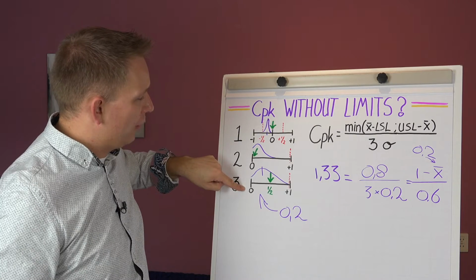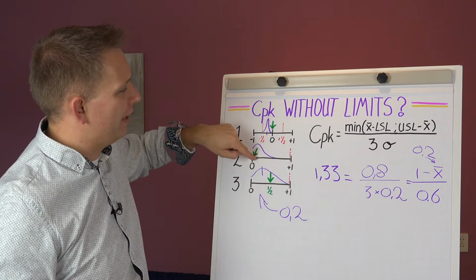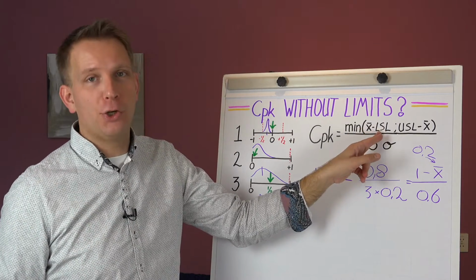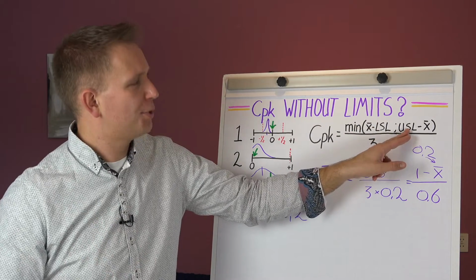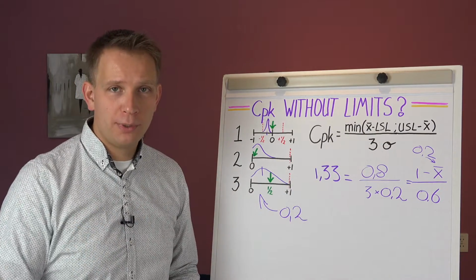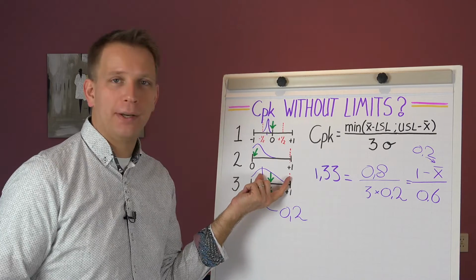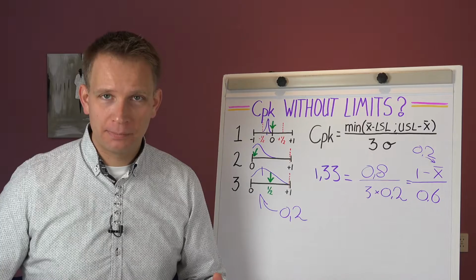And then the 2 with a unilateral specification, so only 1 specification limit, they immediately choose either it is a not lower than, so a lower specification limit, or it is a not more than, so an upper specification limit. You immediately choose which of these 2 terms you use, but it is always the distance between your mean and your spec, divided by 3 sigma in any case.